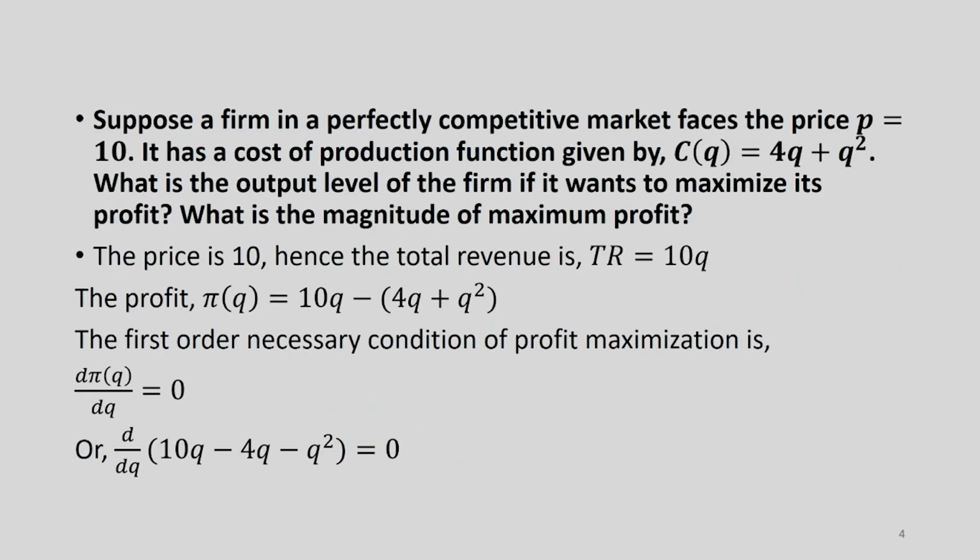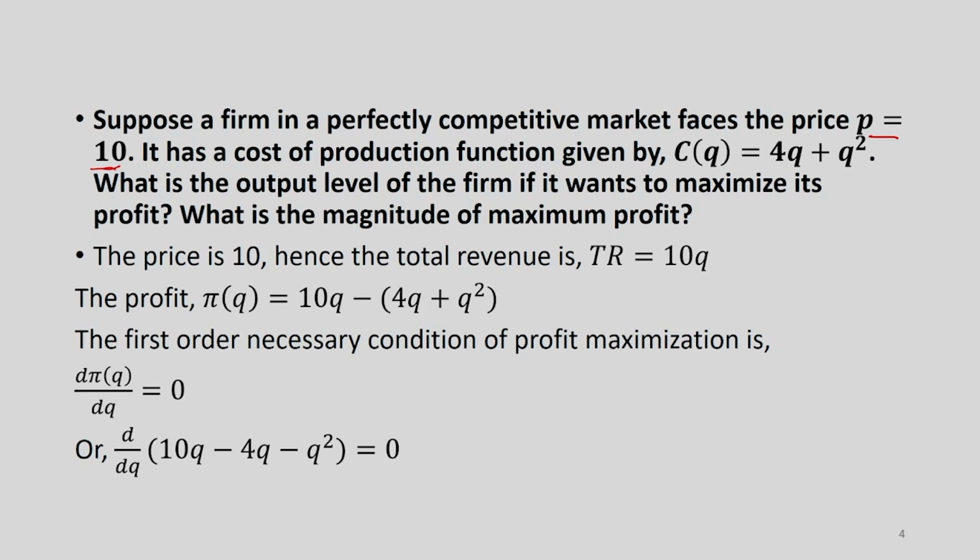Okay. Here is a problem from profit maximization, and we are talking about a firm which is in a perfectly competitive market. This firm faces a price P given by 10. As it is known, in a perfect competition market, the price is constant. So the producer cannot influence the price, it is given.